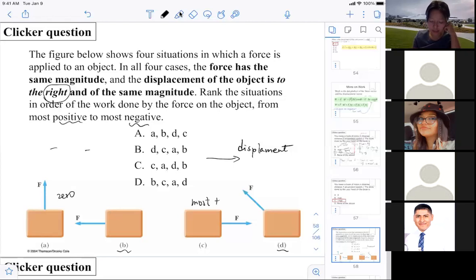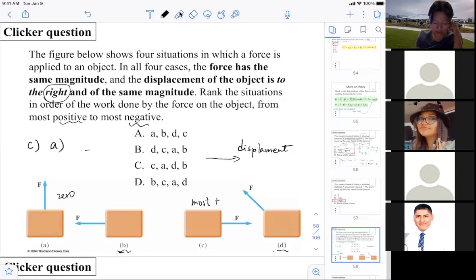So between B and D, we know both of them will do negative work. Which one is the most negative? The most negative, we're going to put at the end. So your ranking is C, then A, and then between B and D, which one is the most negative? Meaning all of its components are 100% in the opposite direction of the displacement.